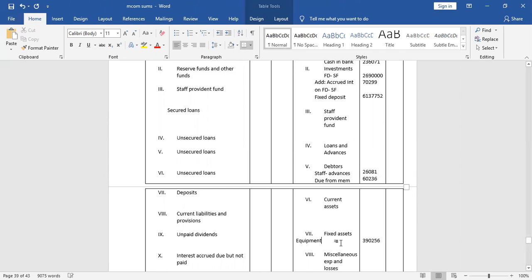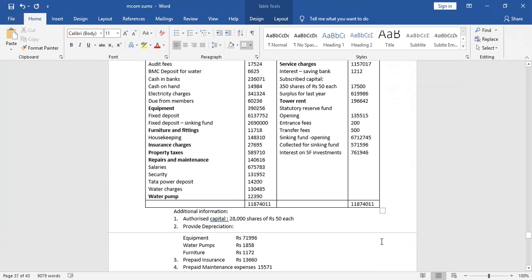Fixed asset means we will leave one line and write furniture and fittings. The amount is 11,718.